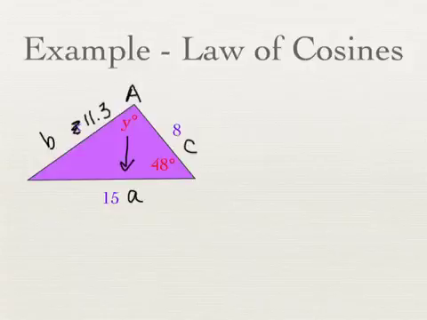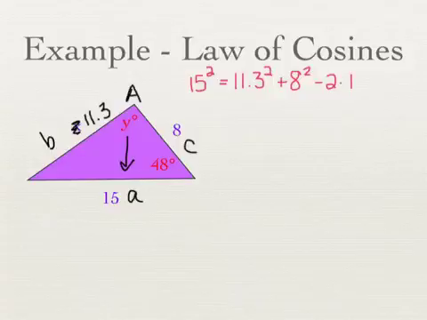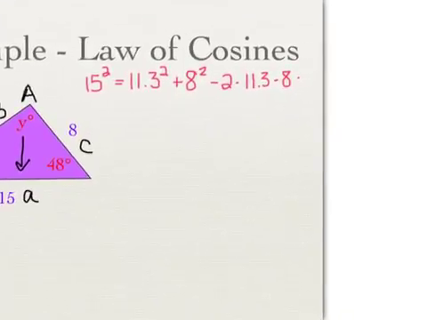So I would say 15 squared equals 11.3 squared plus 8 squared minus 2 times 11.3 times 8 times, and since I don't know the angle this time, I'm going to say cosine A.